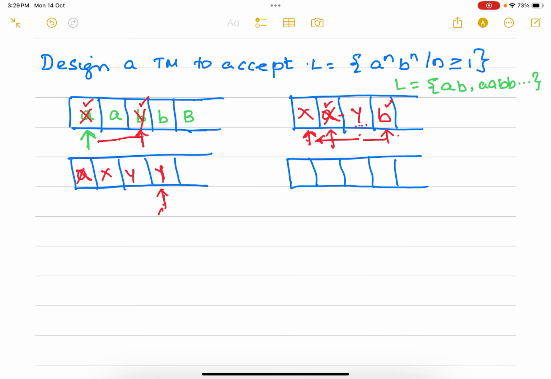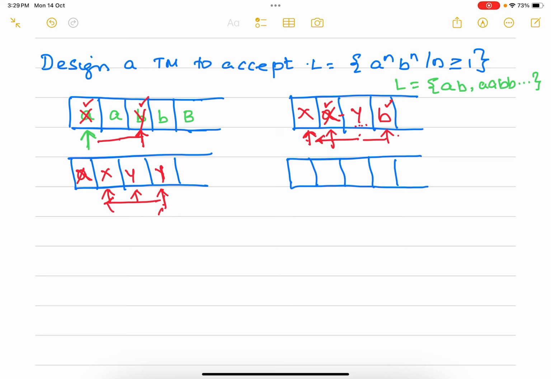Again we are not sure that there are only two a's in the string, so we trace back and come to the visited X. Once this X is visited, if the next symbol is not a but Y, it means it is a visited b.